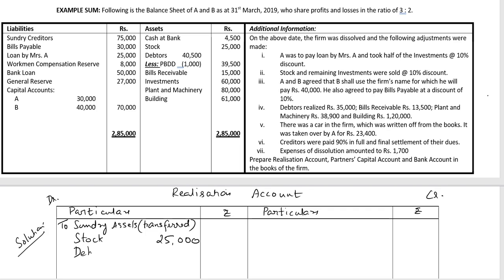Debtors 40,500 rupees. Bills receivable 15,000 rupees.